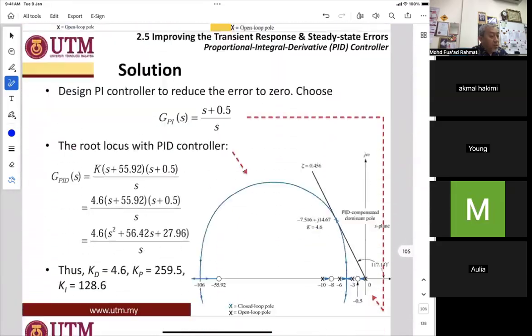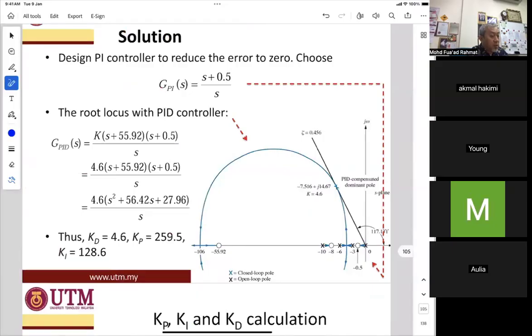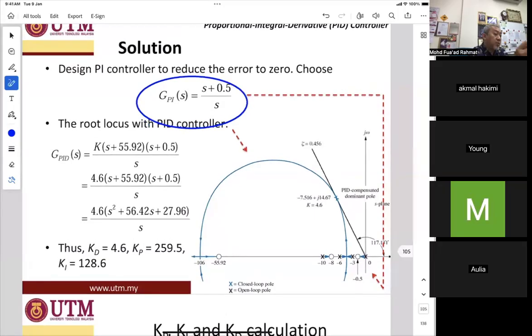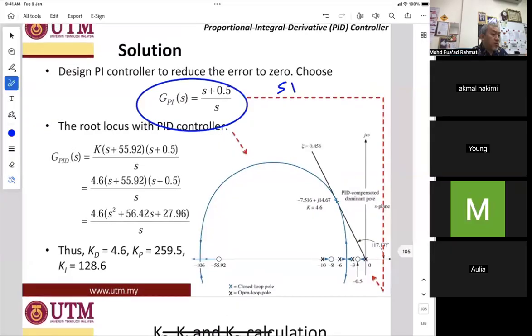Now our focus is to make the steady state error become 0 by introducing this PI controller. This sample is taken from the Norman Nise book. It proposed 0.5, but usually I teach 0.1 or 0.01 or 0.001. I think it should be no problem if you want to choose 0.1, or you want to choose 0.01 over S also can.